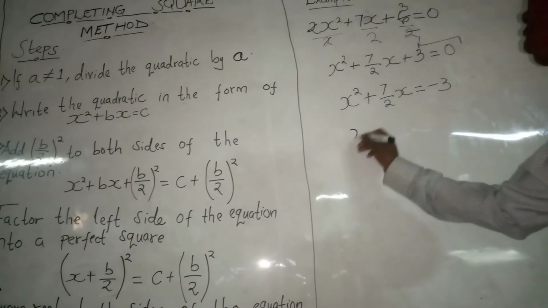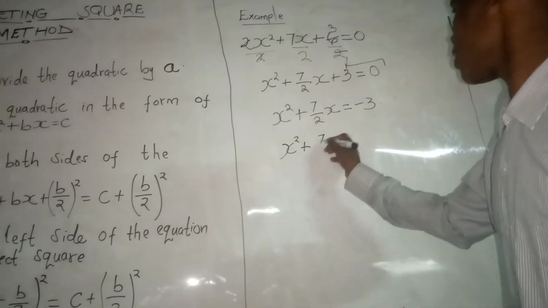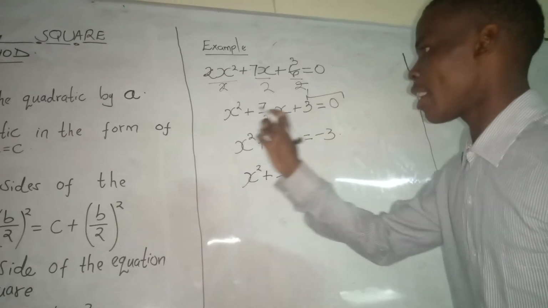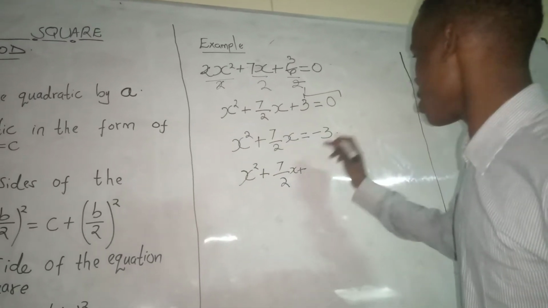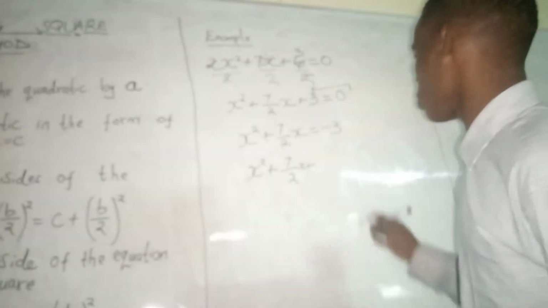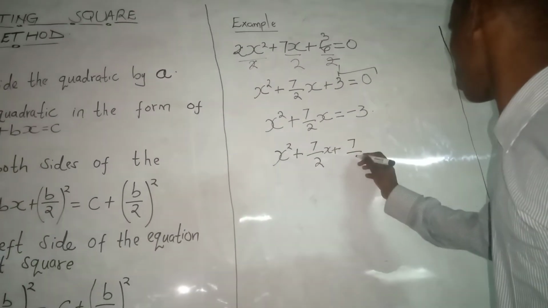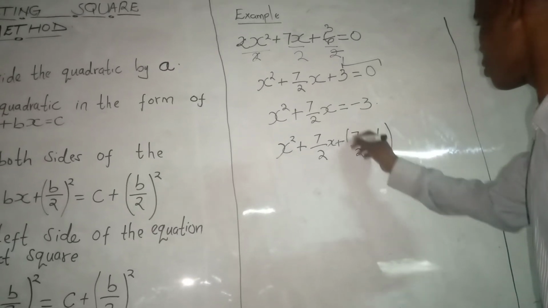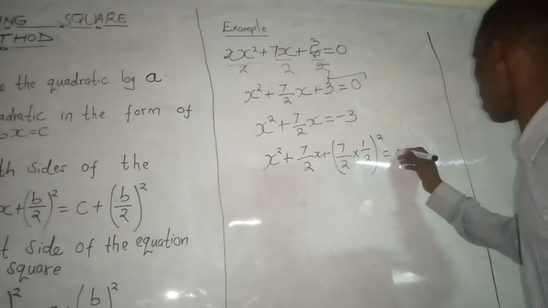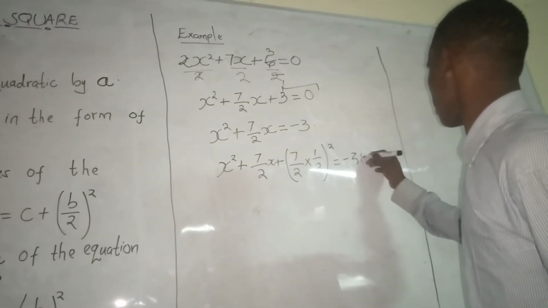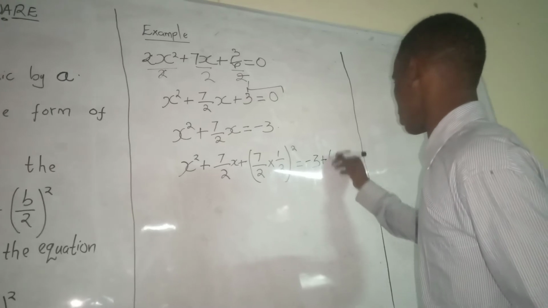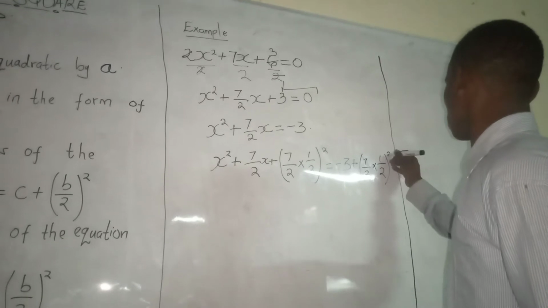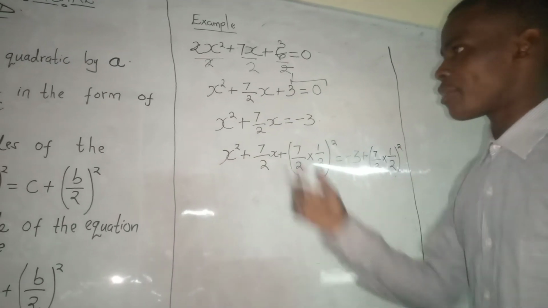So it will be x squared plus 7 over 2 x plus our (b over 2) squared. Our b is 7 over 2, multiplied by 1 over 2, squared, equals our constant, which is negative 3. Then we add what is in the bracket, which is (7 over 2 multiplied by 1 over 2) squared. So this is our third step.